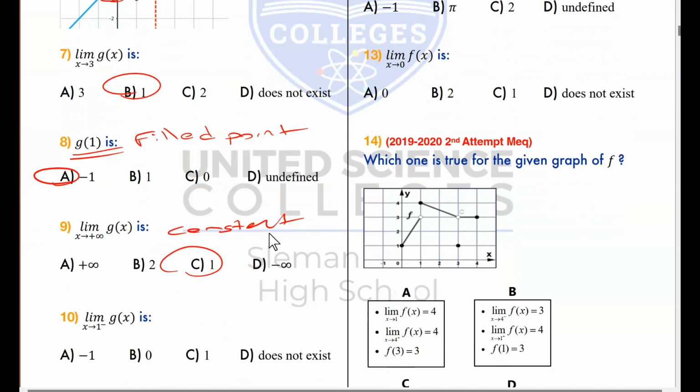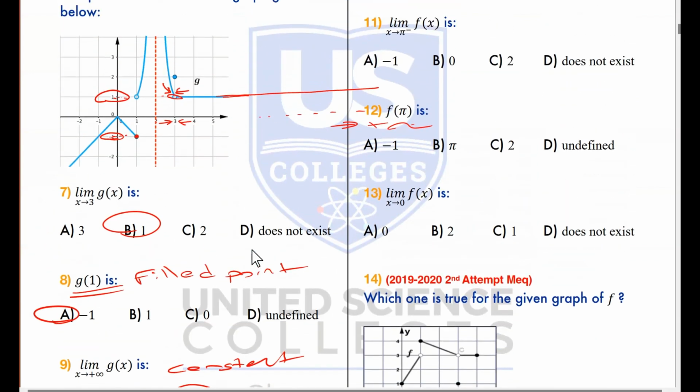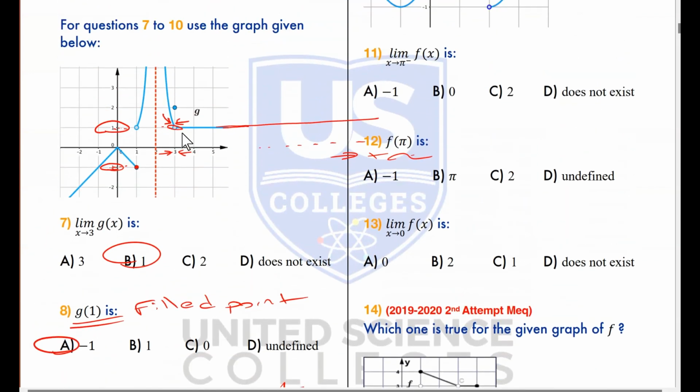One last question about the same graph. Limit as x approaches 1 from the left. All right. So I have 1. We will be focusing on left side of 1. So this is right side.